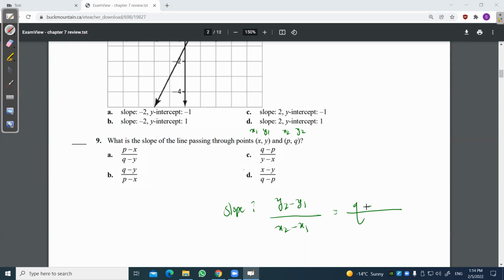It's y. So q minus y, and then in the denominator we have x2 minus x1. What's x2? It's p. Minus, what is x1? x. There we go. So the answer is q minus y over p minus x, option B. Okay, so if they don't give you a triangle, or if you can't make a triangle, use this x2 minus x1 formula.